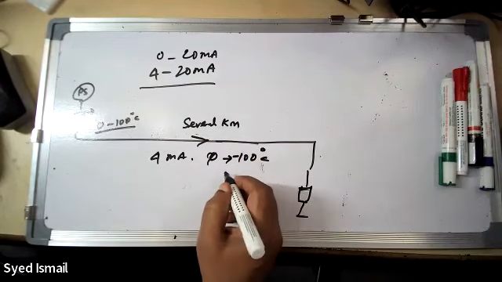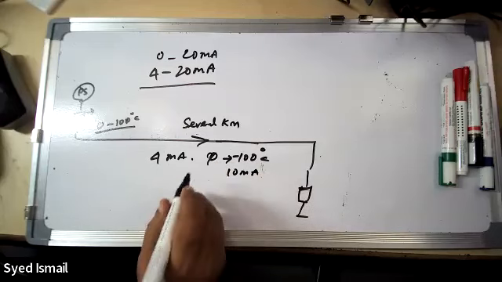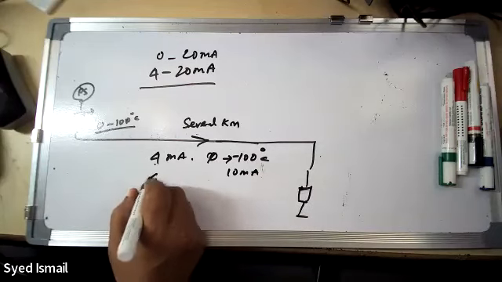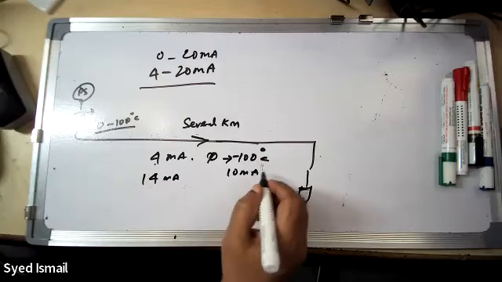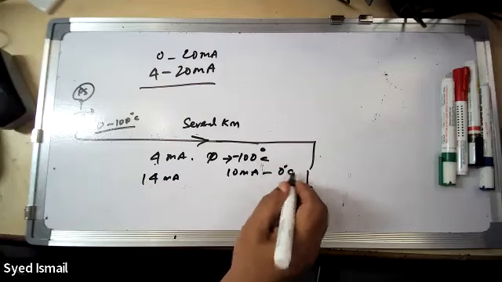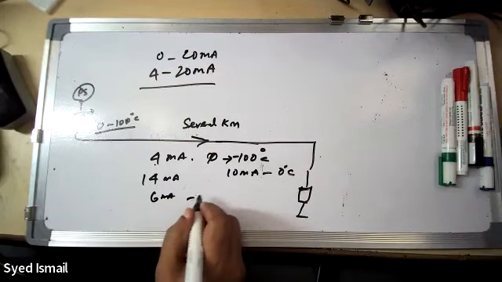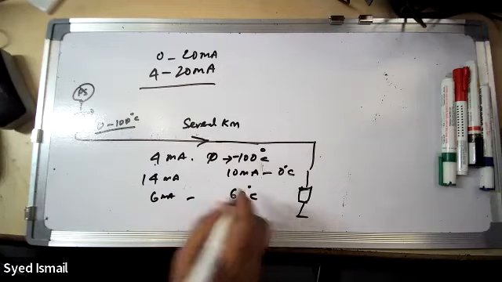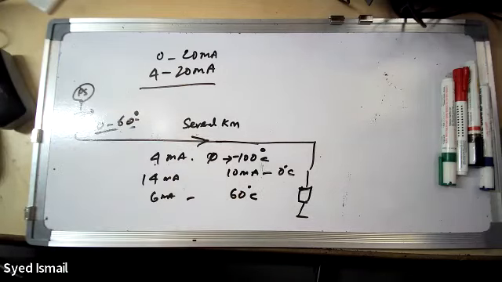And I put here 10 milliampere, so that means 14 milliampere is about 0 degrees Celsius. Then again, I go to 20 milliampere, only 6 milliampere more, then I give 60 degrees Celsius. So my measurement, let me rework again, is 0 to 60 degrees.